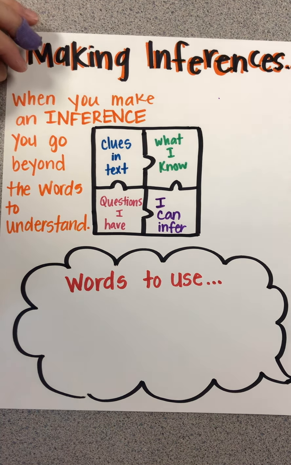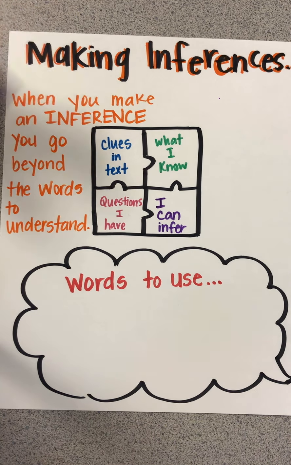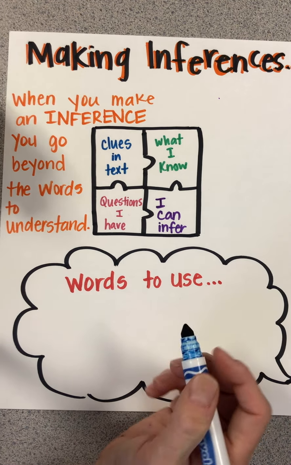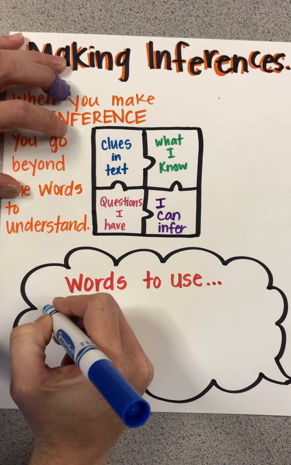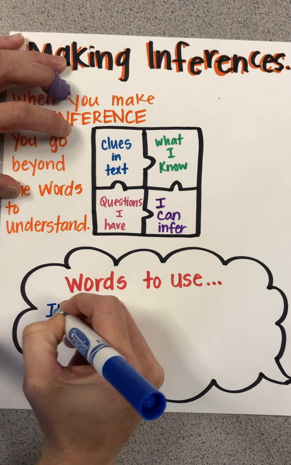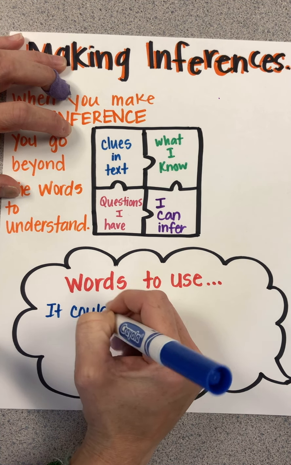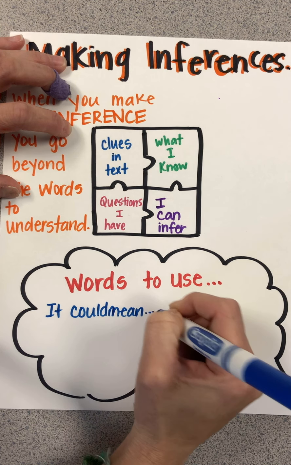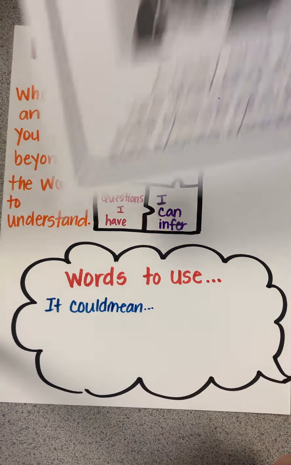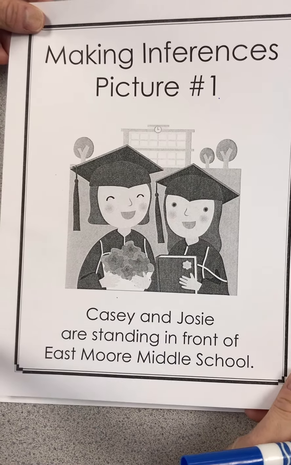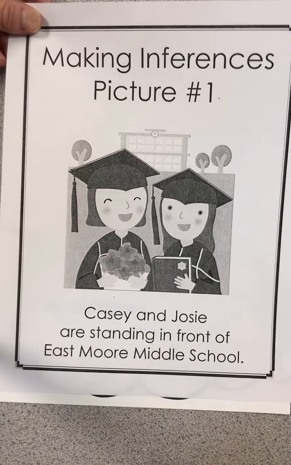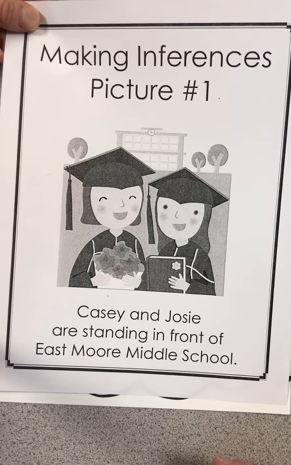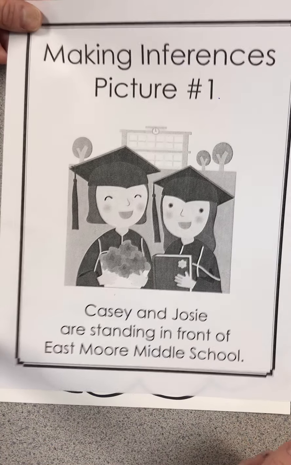So some words that you can use when you are inferring, you might say, it could mean. So if I were looking at this, I could say, it could mean they are graduating, or it could mean they are taking graduation pictures.